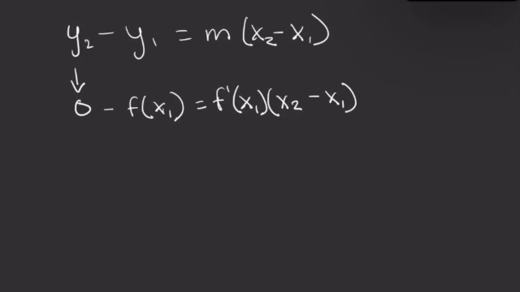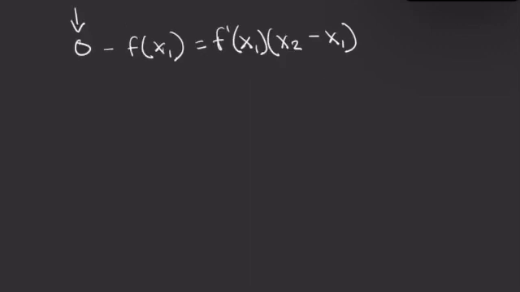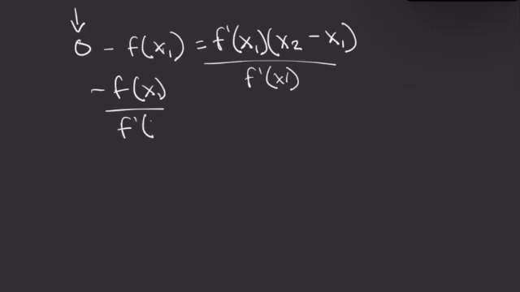So now, since we're solving for x2, we're going to isolate it. So we'll have negative f of x and divide both sides by f prime of x. So we'll have negative f of x over f prime of x equals x2 minus x1. And our last step to isolate for x2 is to add x1 to the other side.